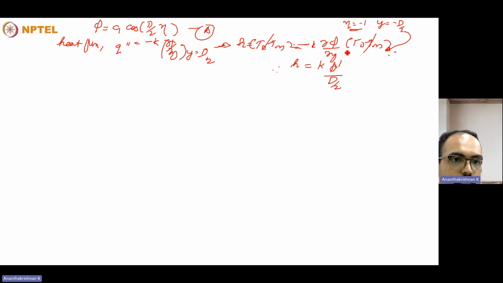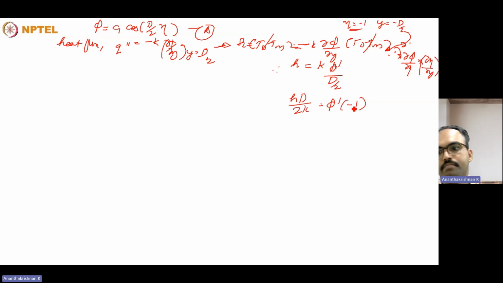So K into dou phi by dou Y, in terms of dou phi by dou eta, this term can be dou phi by dou eta into dou eta by dou Y. So eta is equal to Y divided by D by 2, and dou eta by dou Y will be equal to minus 1 at this particular point. So that will be equal to H D divided by 2K is equal to phi dash into minus 1.